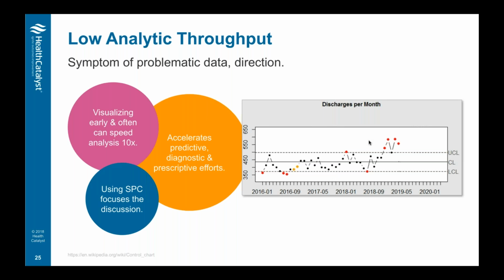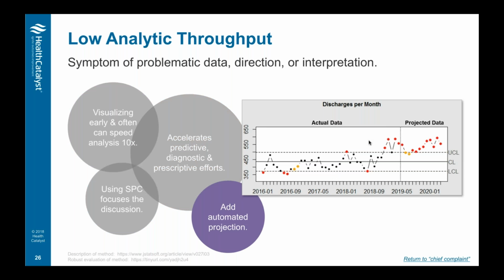Since we've already talked about computer-generated forecasts, we can take this one step further and have the computer add a projection. And visually, we can all look at this. And Sarah, you know nothing about this hospital or this case, but what's the computer telling you about the trend going forward?